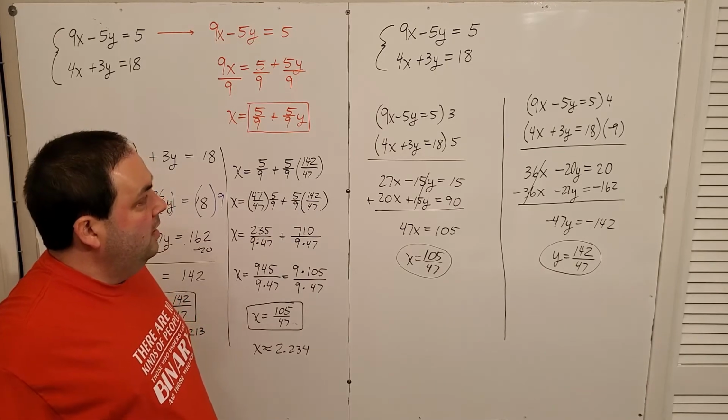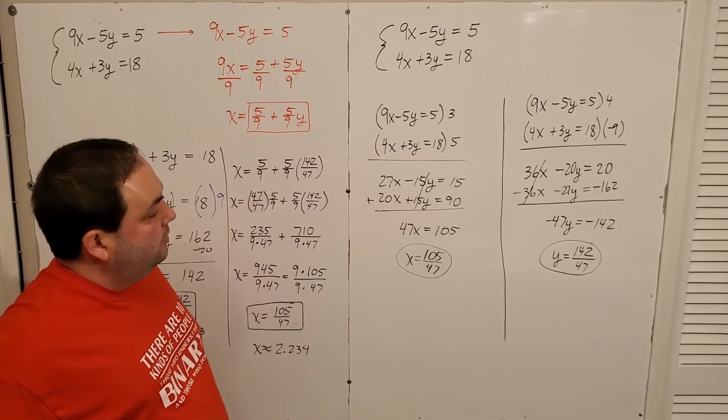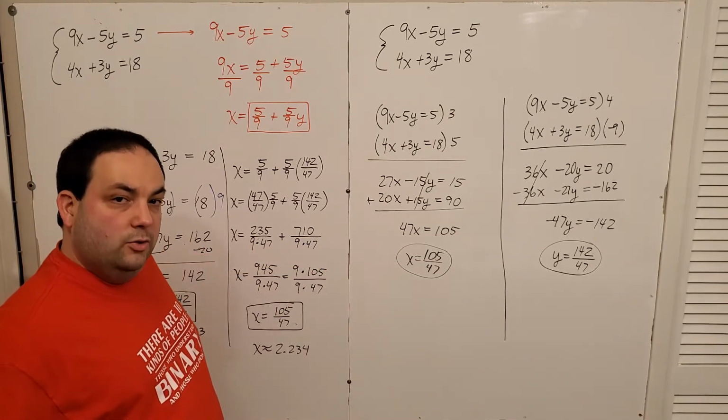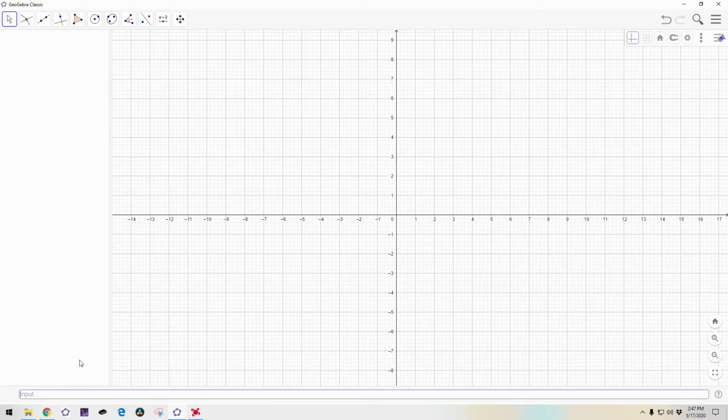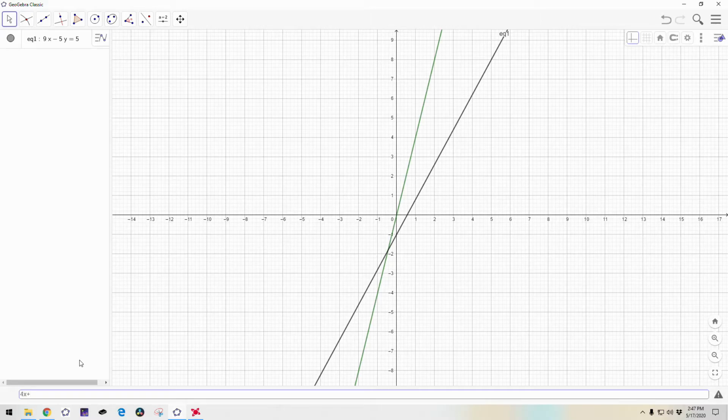Okay? Take a look at what this looks like in GeoGebra so that you can see the actual solution. For this system, we didn't do any of the graphing, so I wanted to display it for you. The first equation was 9x minus 5y is equal to 5. The second equation was 4x plus 3y is equal to 18.